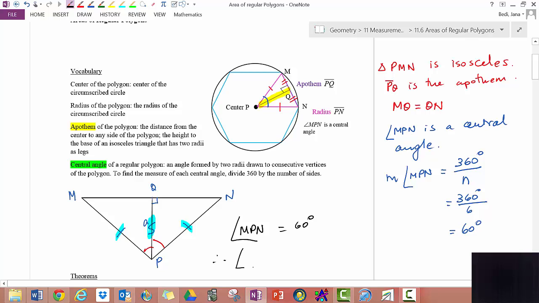Therefore, the measure of angle QPN equals the measure of angle MPQ, which is 60 degrees over 2, which is 30 degrees.